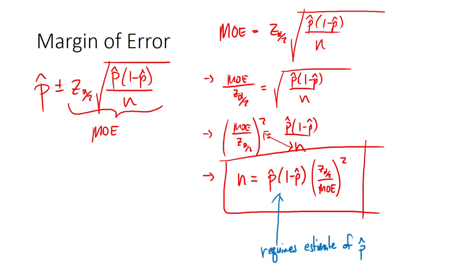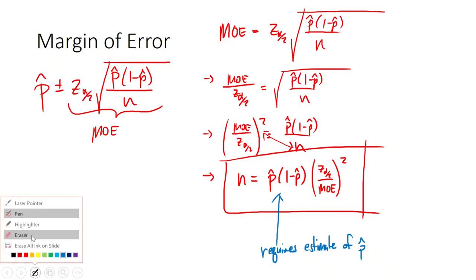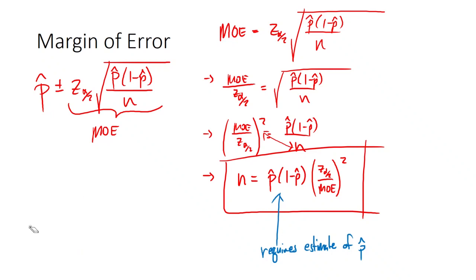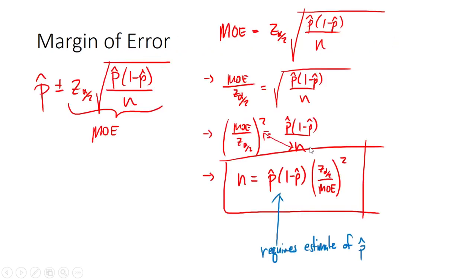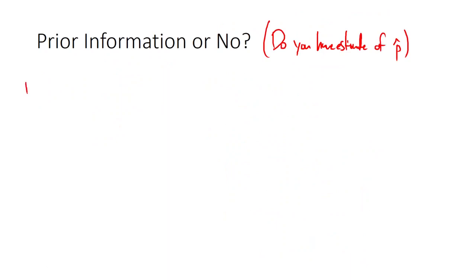But you don't necessarily have to have prior information. So when I say prior information or not, it's basically, do you have an estimate of p hat? Because if you do, then you can just use that formula. But it turns out you don't necessarily have to worry about that.